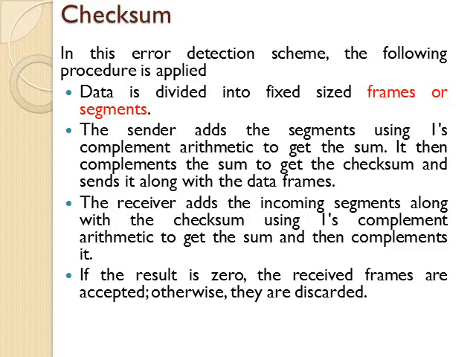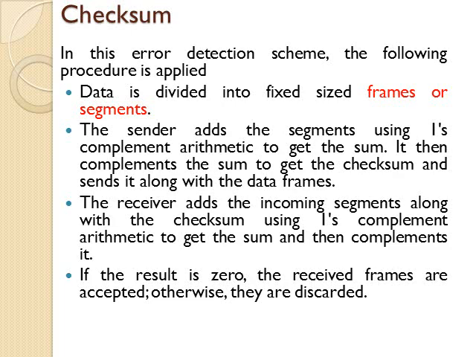Next one is the checksum. In this error detection scheme, a procedure is adopted. There are 4 steps. First, the data is divided into fixed size frames or segments. Then the sender adds the segments using 1's complement arithmetic to get the sum.